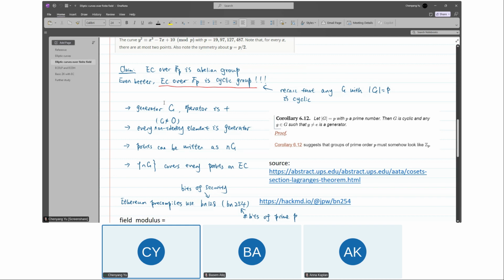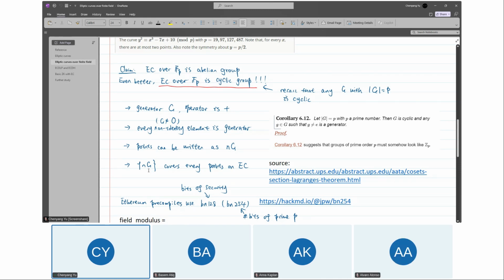So for example, if we pick a random point on the elliptic curve over a finite field, it is a generator, and we can generate all other points in the form nG, where n goes from 1 to p. You can traverse every point on the curve by repeatedly adding G to itself.